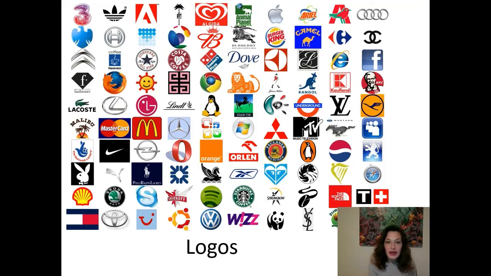Another thing we see here is that they are pretty simple in terms of the shapes, in terms of how much you've got going on. They're not super complicated, and in terms of the colors, look at the McDonald's, for instance. It's just two colors, very flat colors. They don't have a lot of highlights and shadows or embossing or anything like that.